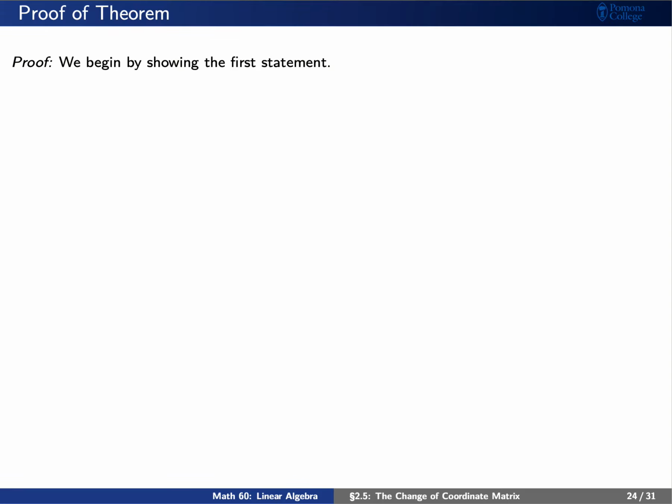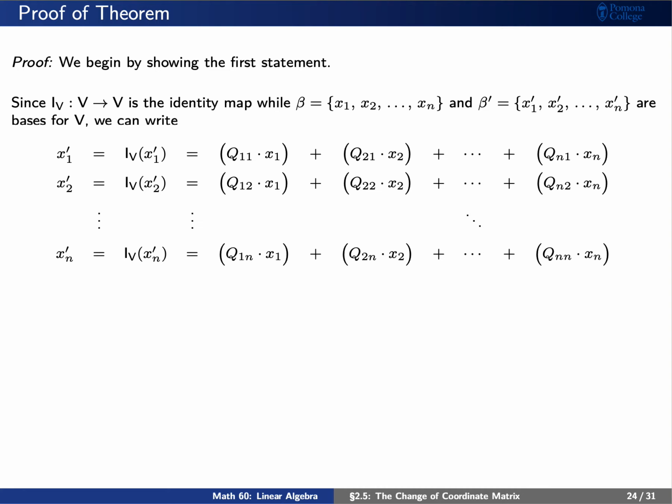Let's discuss the proofs of these statements. First, let's consider the identity map I sub V going from our vector space V to itself. While we want to keep track of the bases, the old basis beta and the new basis beta prime, let's express each of the vectors in our new basis beta prime as a linear combination of the vectors from the old basis beta.